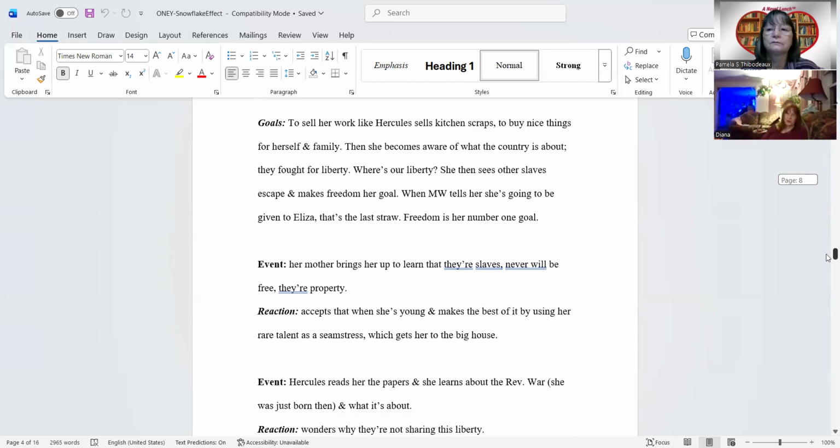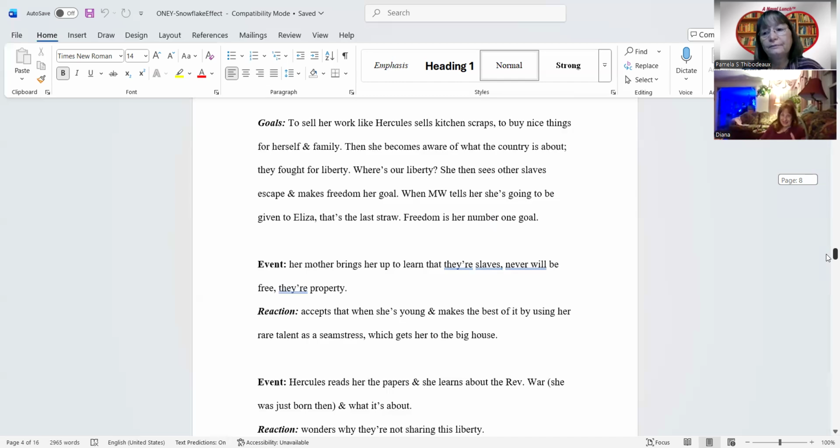But what actually was the number one event? This was the turning point in Ona's decision to escape. She always wanted to escape, but at one point, when Eliza was getting married, Martha took her aside and said, "I think you would make a good wedding gift for Eliza." So Ona thought maybe she wanted her to make a quilt or a dress as a gift. But Martha said she wanted her to be the gift.